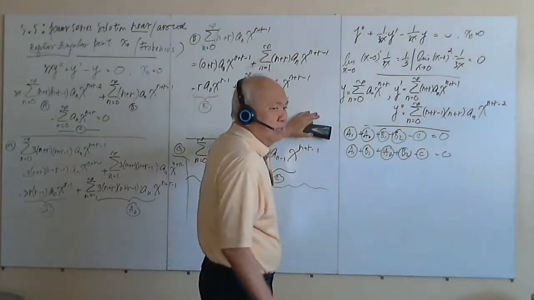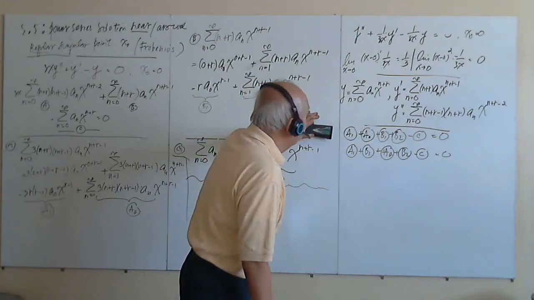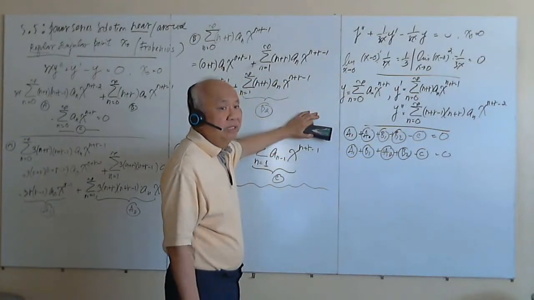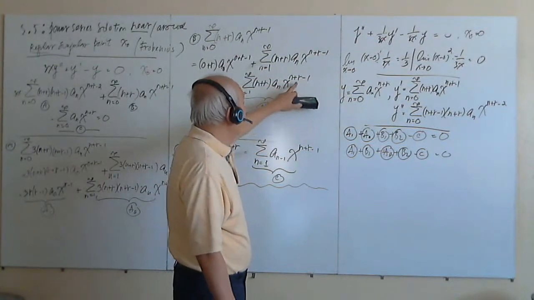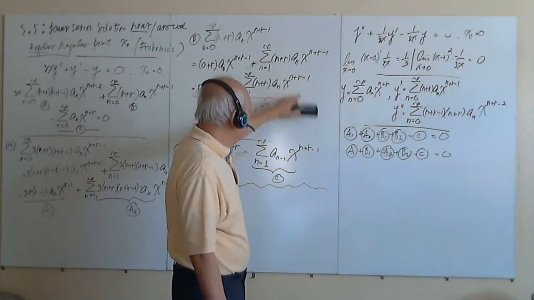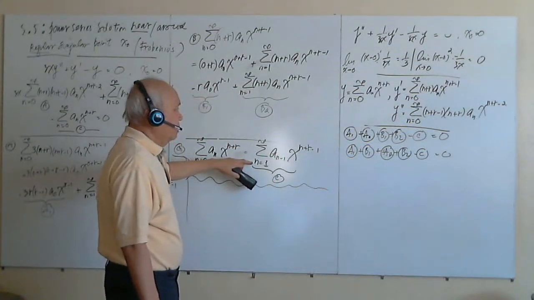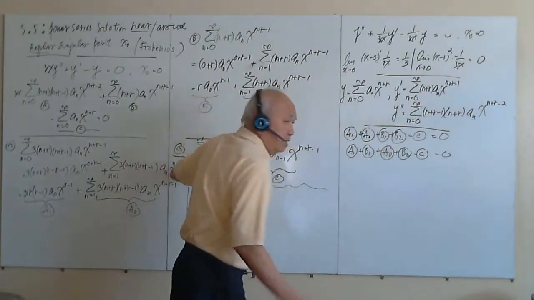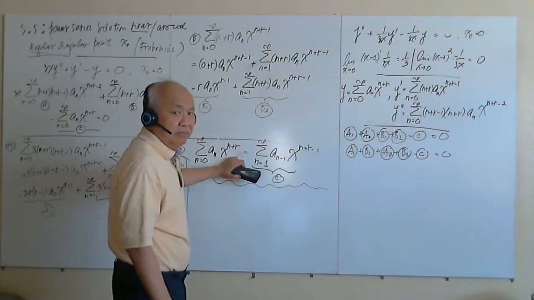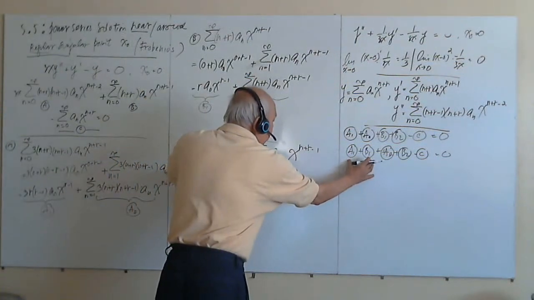And the good thing about all three sigma sums is that all of them have already been converted into something uniform, not only in terms of the power of x, but also the starting point for the sigma sum. So you can combine A2, B2, minus C together in just one sigma sum. Right? Yes, right.